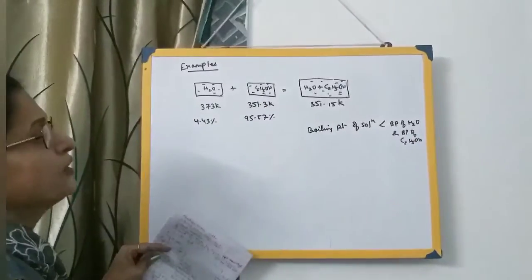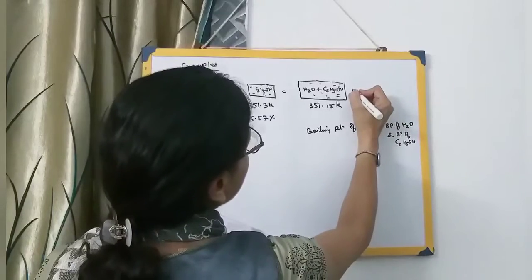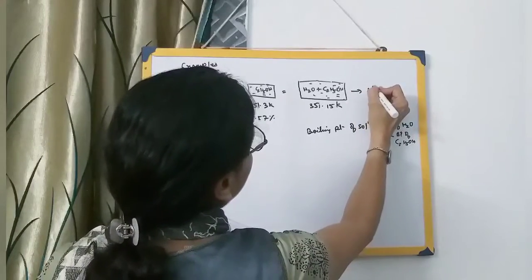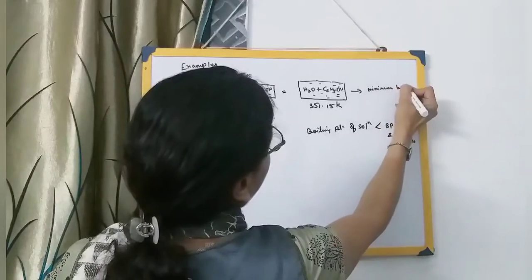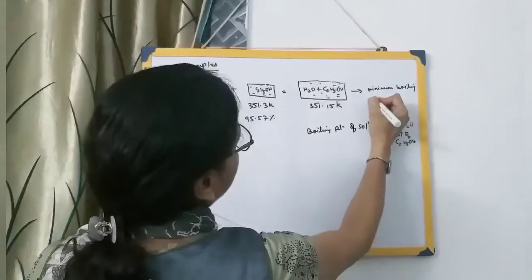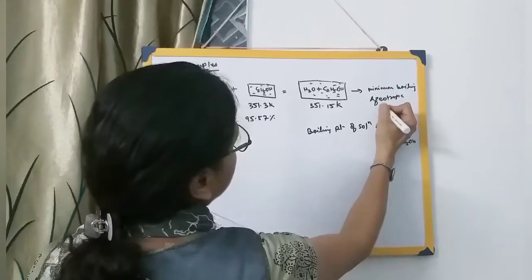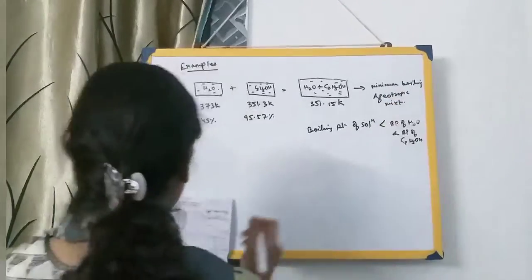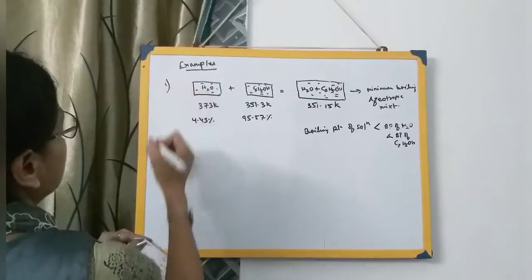So this type of mixture, we call this a minimum boiling azeotropic mixture. Let me give you another example.